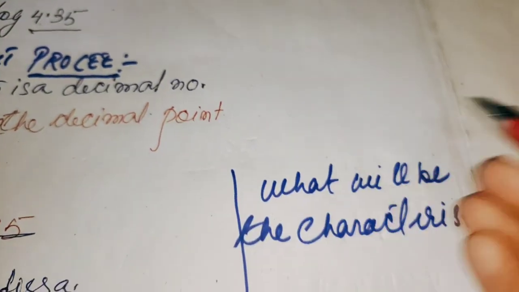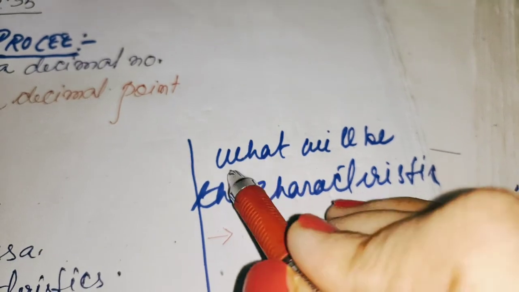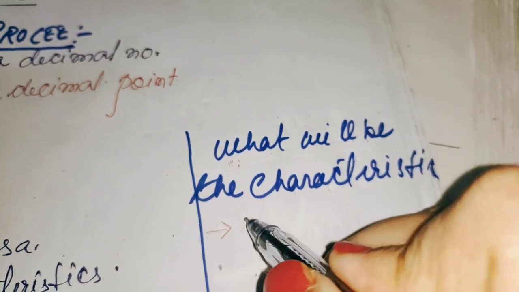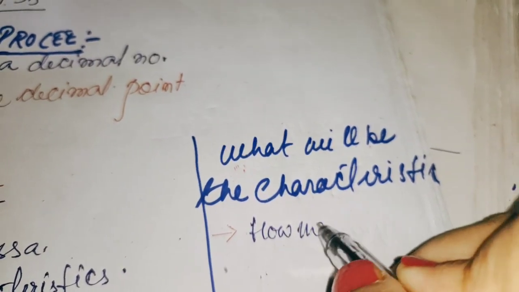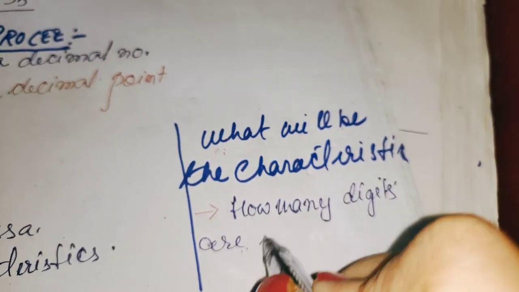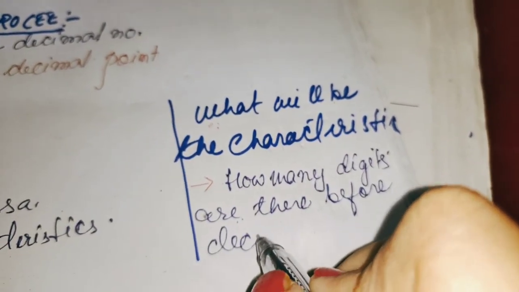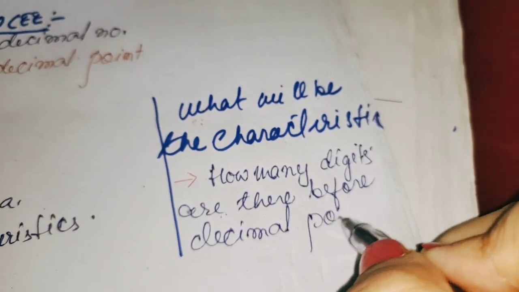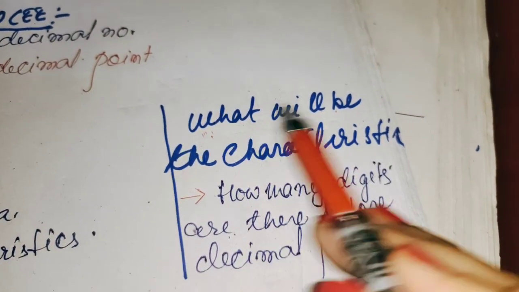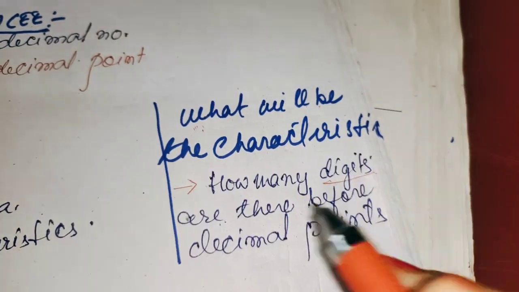To find out the characteristic, we have one more question to answer, and the question is, how many digits are there before the decimal point?